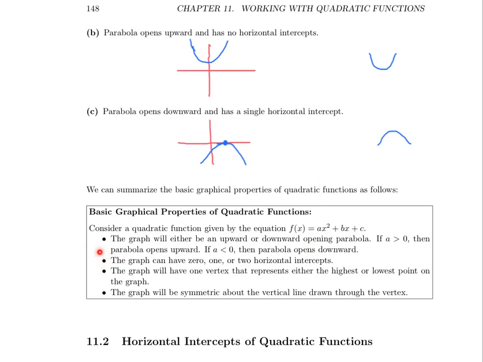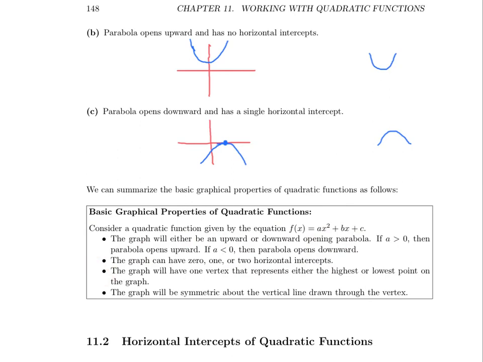Next, the graph can have 0, 1, or 2 horizontal intercepts. We've seen that in our last example. A parabola can hit a horizontal axis, in other words, in either 2 places, 1 spot, or not at all.